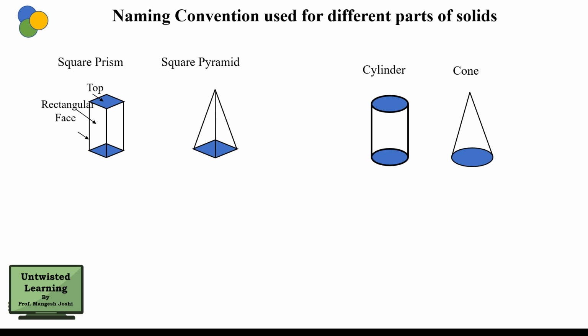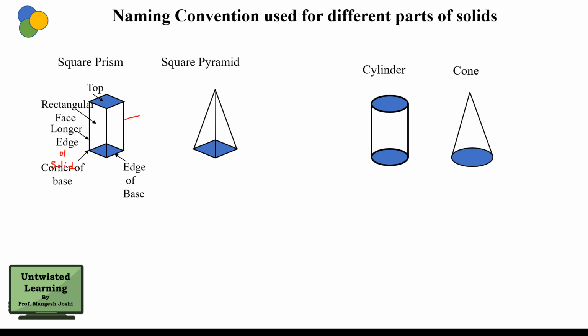This vertical line joining the base and the top is called the longer edge of the solid, or simply the edge of the solid. This point is called a corner of the base. For a square prism, you will have four corners of the base and four corners of the top. This is called the edge of the base.